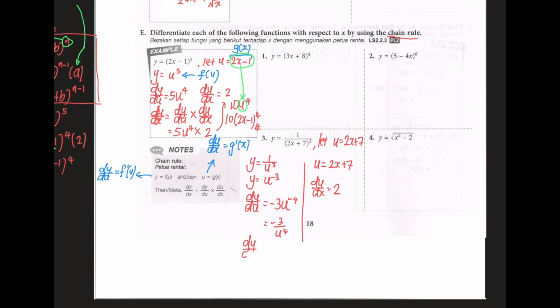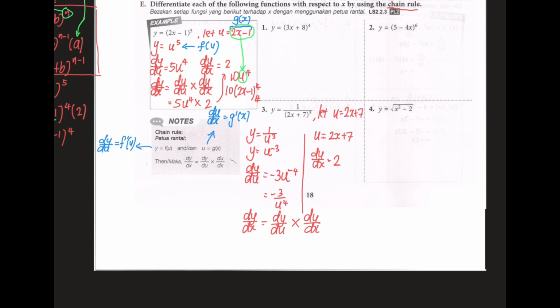So now we use chain rule. dy over dx equal to dy over du times du over dx. Then dy over du is minus 3 over u power 4. du over dx is 2.